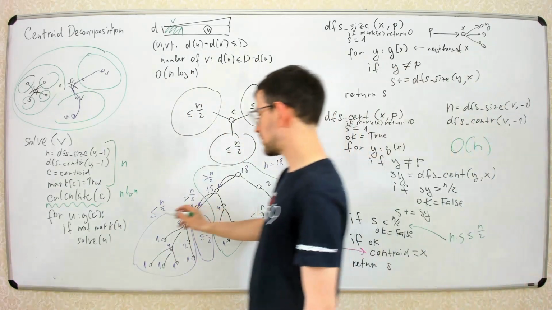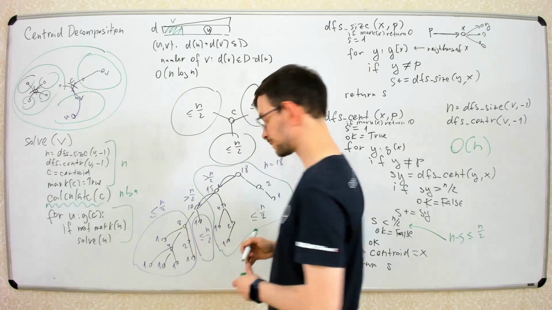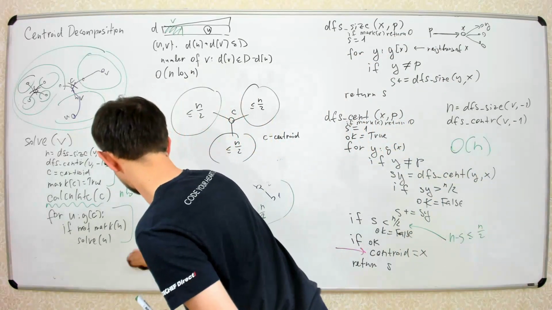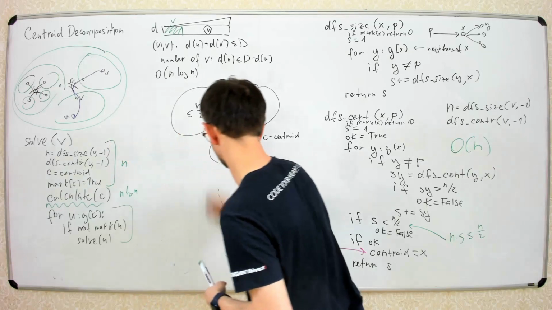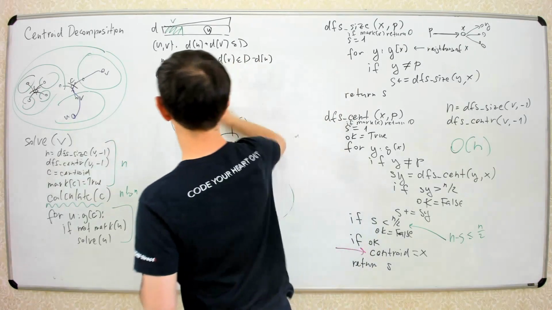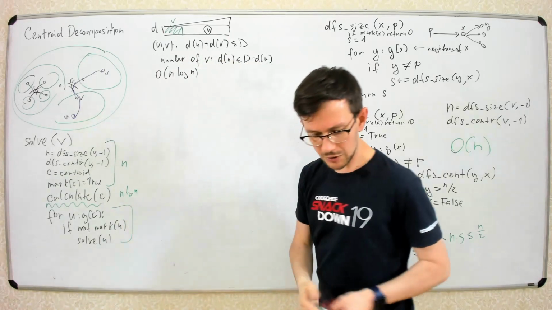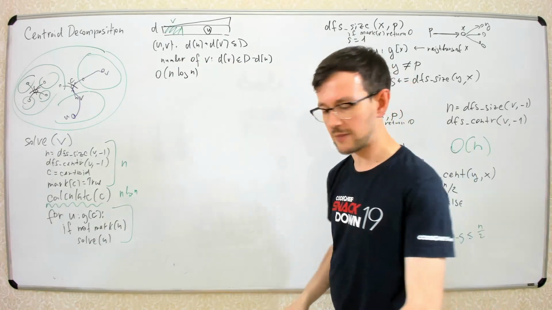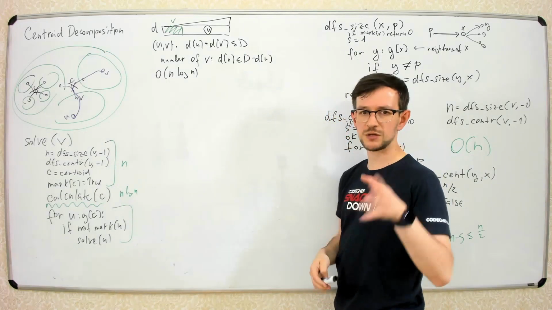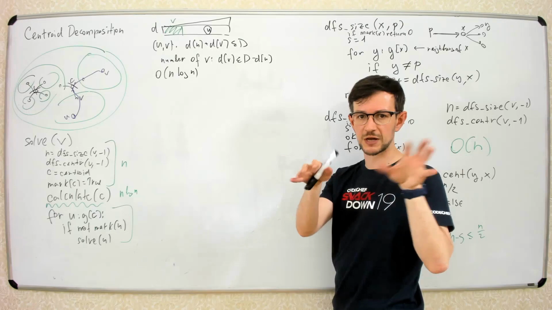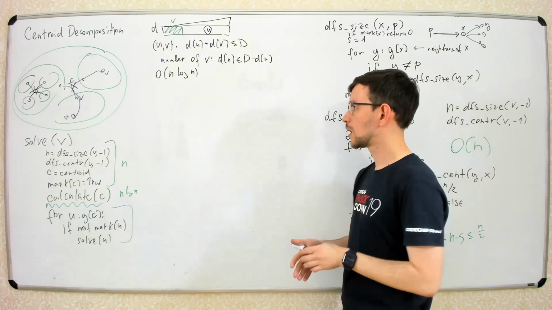And here you simply make recursive calls, right? Now it's about the same as in the simple divide and conquer technique. It's a little bit different because you don't split your set into two equal sets.